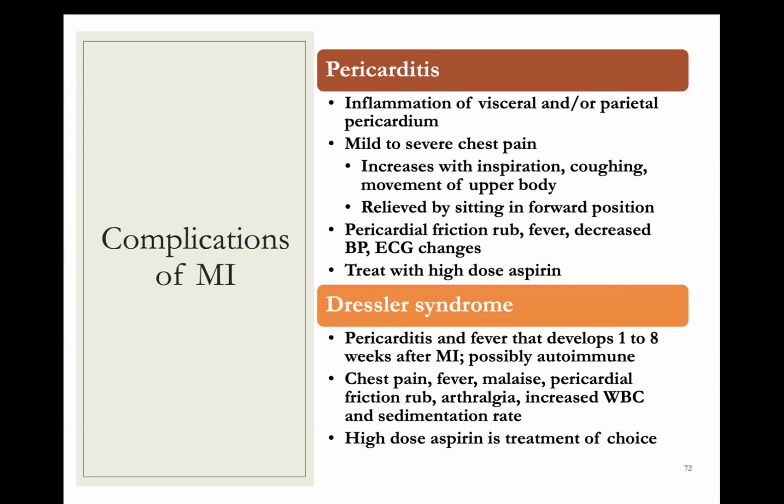They may have a friction rub when you listen. They might start having trouble moving and talking and have an increased white blood cell count, and their ESR or sed rate, which indicates overall inflammation in the body, would be elevated. Typically that is treated with high dose aspirin.